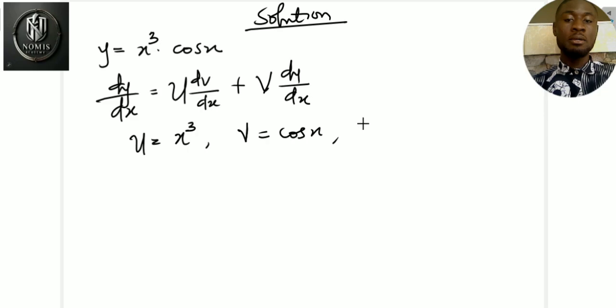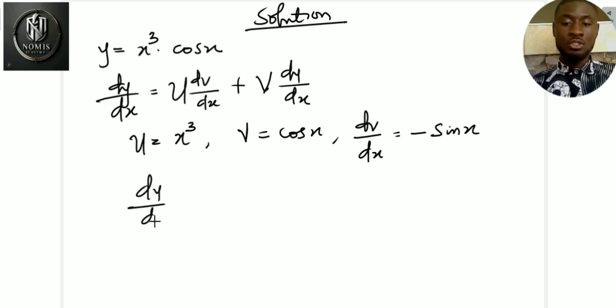Okay, what about the dv/dx? The dv/dx is to differentiate v. When you differentiate cos x, can you remember what you will get? Correct. Minus sine x. Now, we need du/dx.